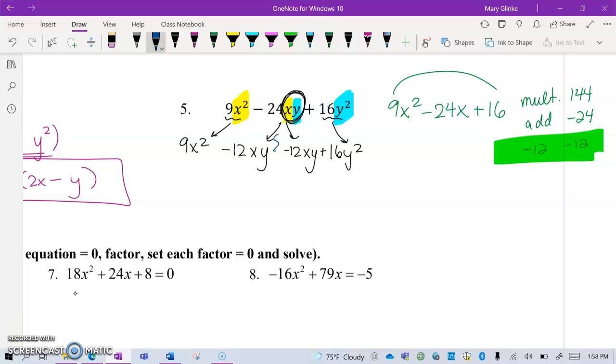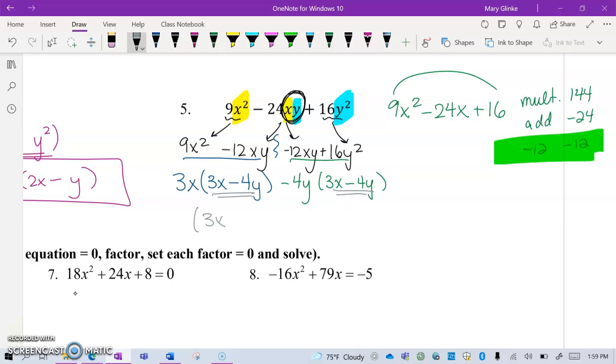So now, factoring by grouping, the first two terms have a 3 and an x in common, and I would be left behind with 3x minus 4y. The next two terms here have a negative 4y in common, and I would be left with 3x minus 4y. And we can tell that this is working because now these factors are the same.